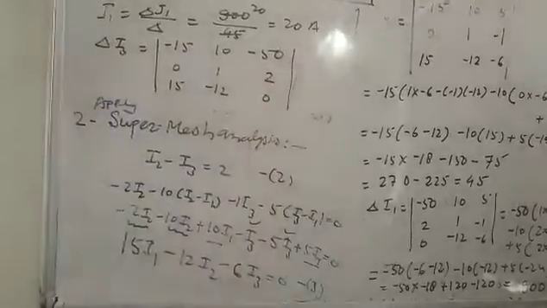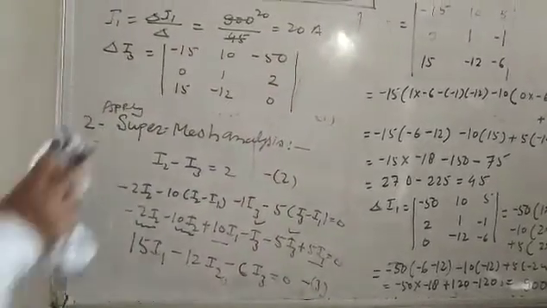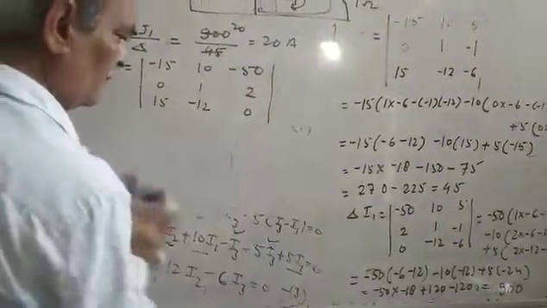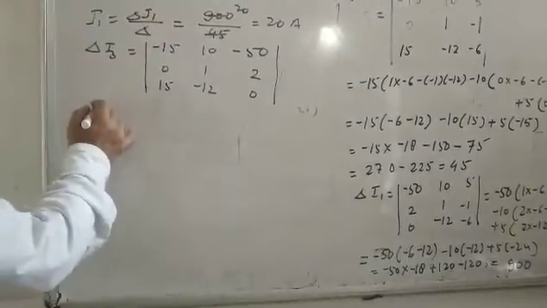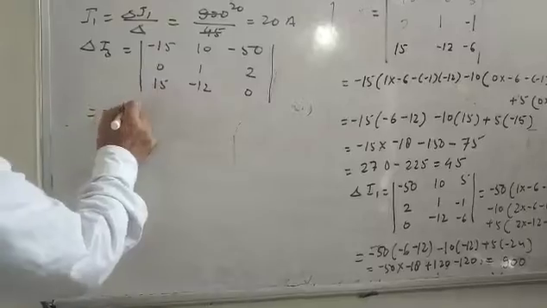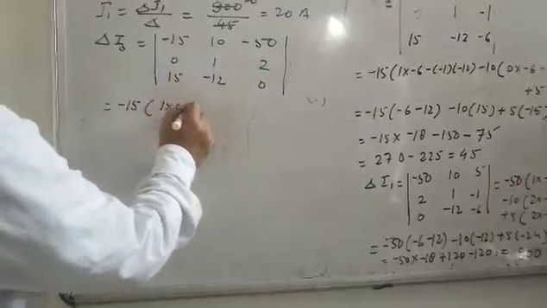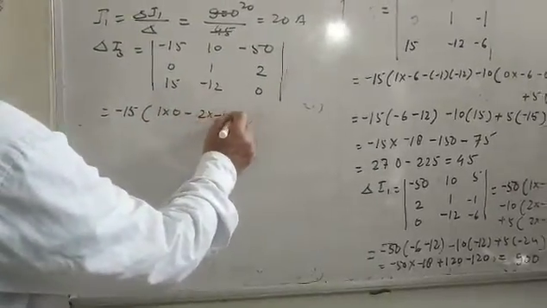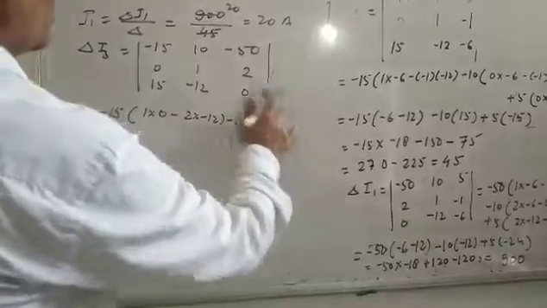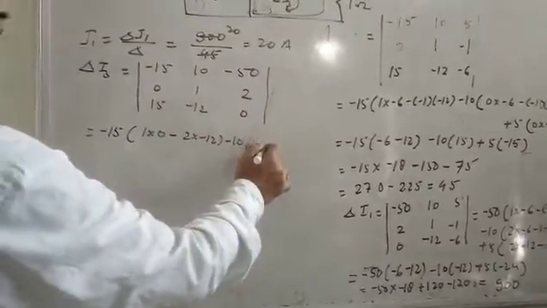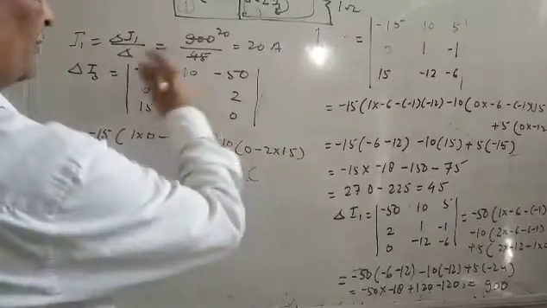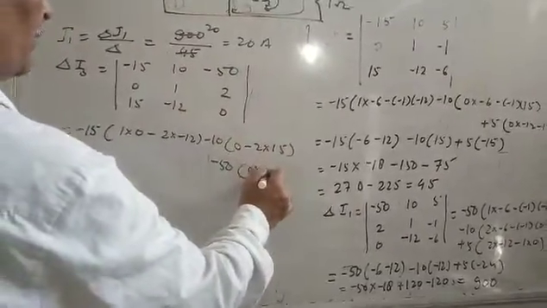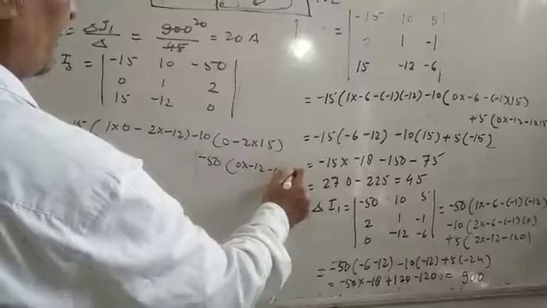You can find the value of delta I3 by solving. 1 into 0, 2 into minus 12, minus 10 into (0 minus 2 into 15), minus 50 into (0 into minus 12, 1 into 15).